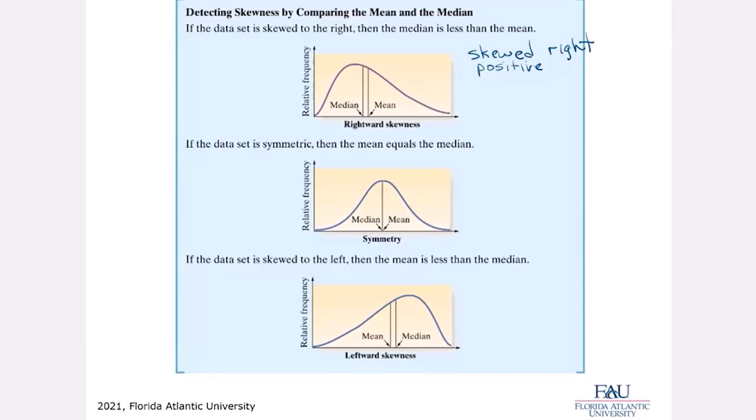Even if it's not the average, it's still the median. It's the middle number. Here, we can see that the median is going to be less than the mean. If the middle number is smaller than the average, then we're going to have values that are skewed to the right.